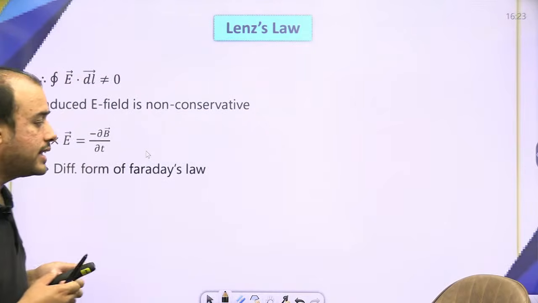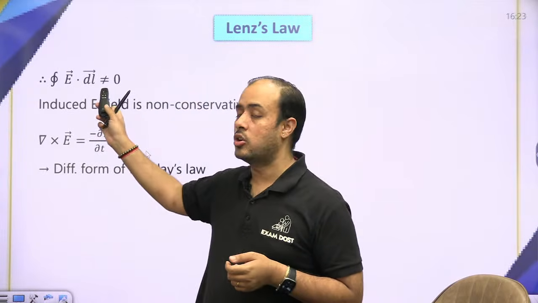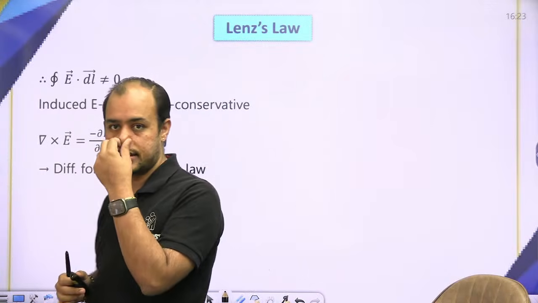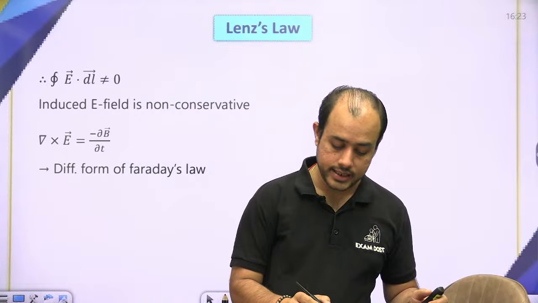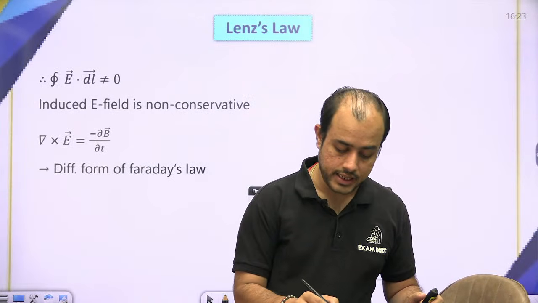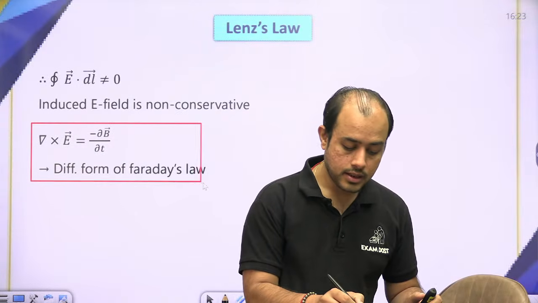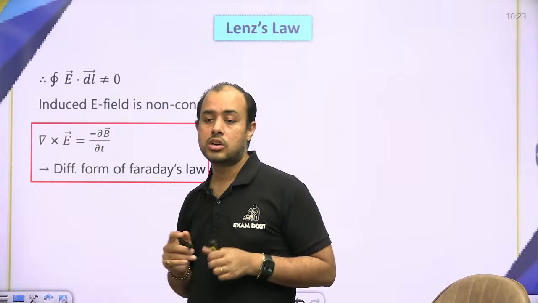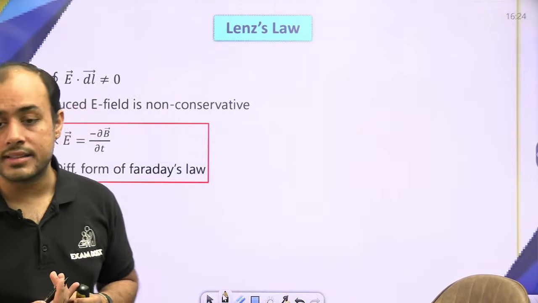तो because the EMF in a loop is non-zero, the line integration will be non-zero. तो induced electric field is non-conservative. So the differential form of Faraday's law says that curl of E is minus del B by del t. So if the magnetic field does not change with time, curl of E will be zero, which means electric field will be conservative.